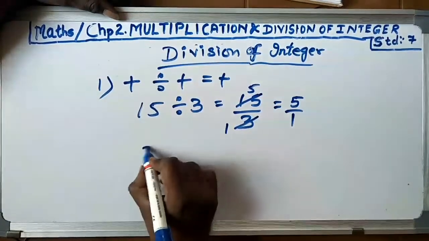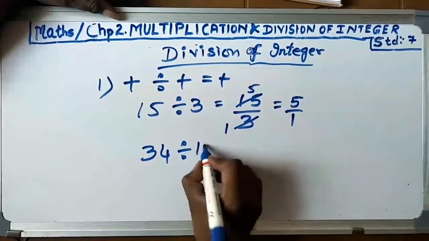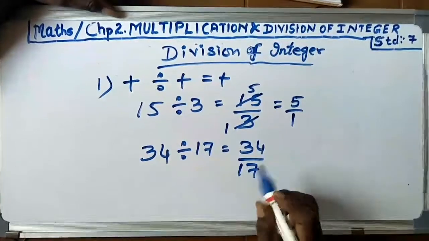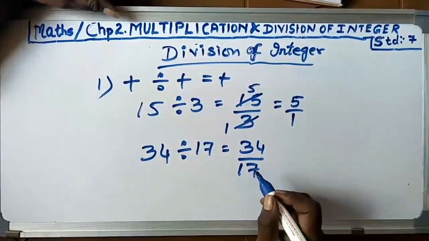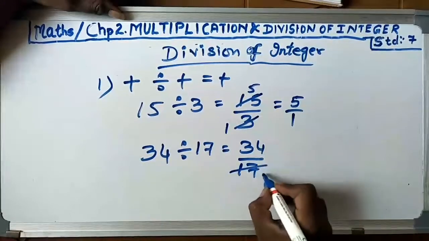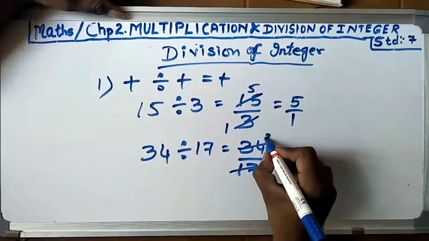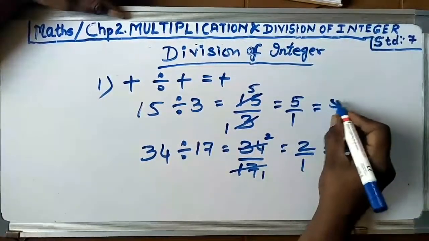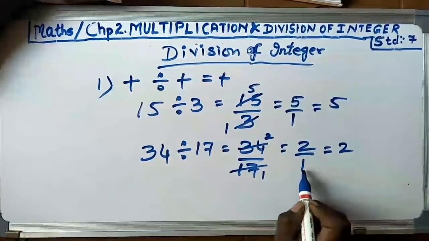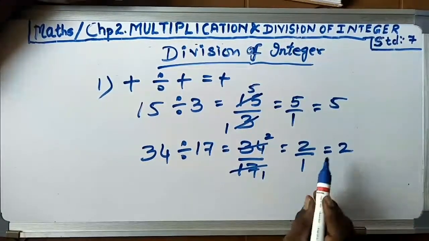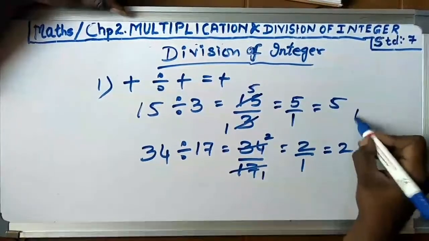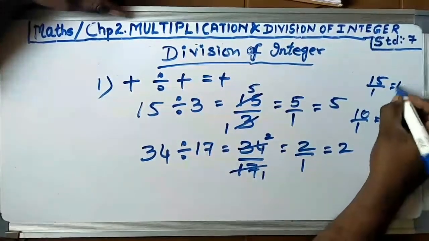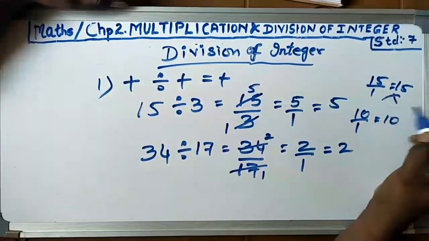I'll do the last sum. 34 divided by 17. 34 goes in the 17 table. 17 ones are 17 and 17 twos are 34. So it is 2 upon 1. That is equal to 2. Here also 5 upon 1 means it is 5. When 1 is there, no need of writing the 1. Suppose it is 10 upon 1, that means it is 10. 15 upon 1 means it is 15. No need of writing this 1 here.